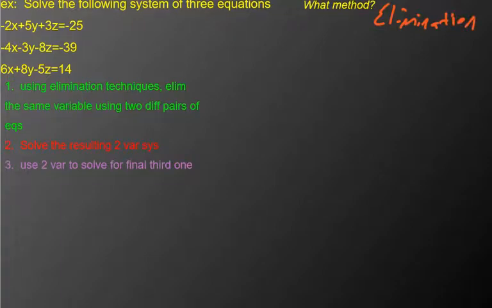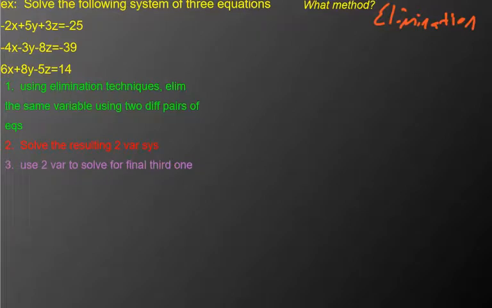The idea with elimination in three equations is to eliminate the same variable using two different pairs. I'm going to eliminate x because those have the common multiple. You only have three pairs to choose from: 1 and 2, 1 and 3, or 2 and 3.